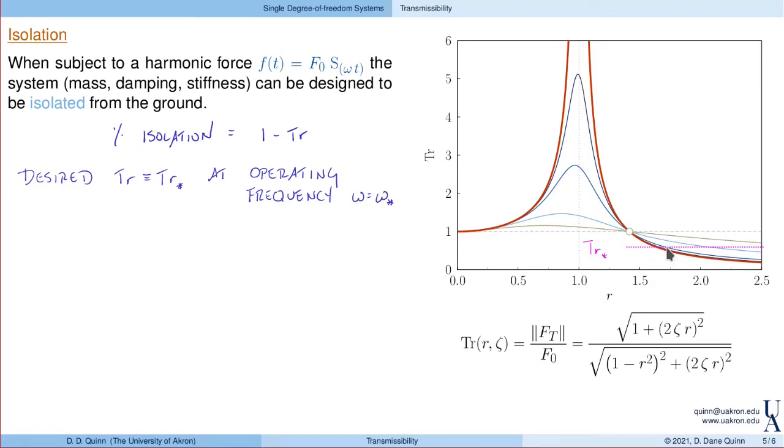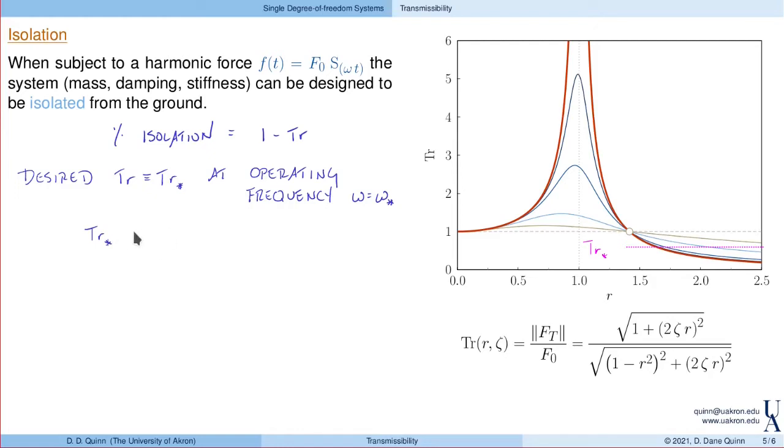Here again, we see that we can obtain that for a variety of different damping ratios that correspond to different frequency ratios. And looking back at our transmissibility, essentially we would have to satisfy the following.